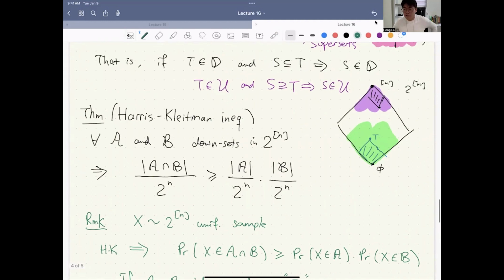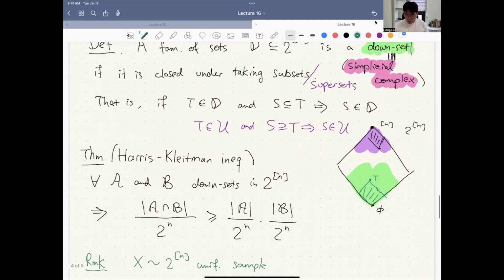Which sort of intuitively makes sense. Why? Because when A and B are both downsets, they are both favoring smaller sets. So it's more likely that their intersection is larger than the product of their densities. And in the opposite, if both of them are upsets, they are both favoring larger sets, so it's also true if you change both of them to upsets.